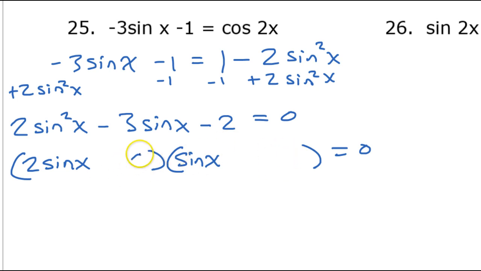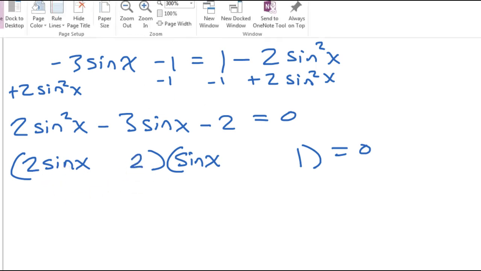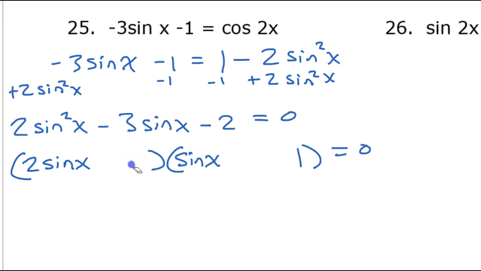I will not even waste my time putting the 2 here, because if the previous step had no common factor, then neither one of these parentheses should have a common factor. If I put the 2 here, that makes a GCF that shouldn't exist. So I go straight to putting the 1 here and the 2 here.